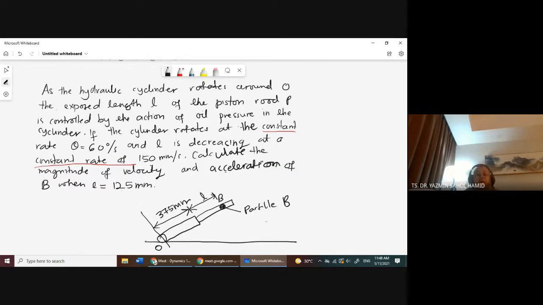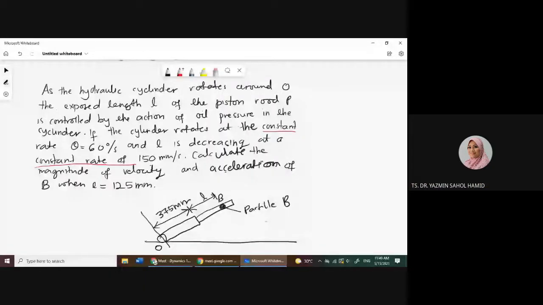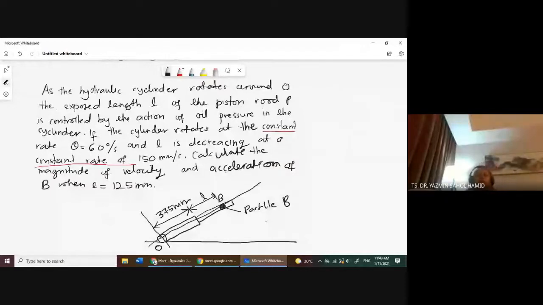Okay, so when you read this question, if you notice, B is what? Is fixed, betul tak? At a point and transverse.